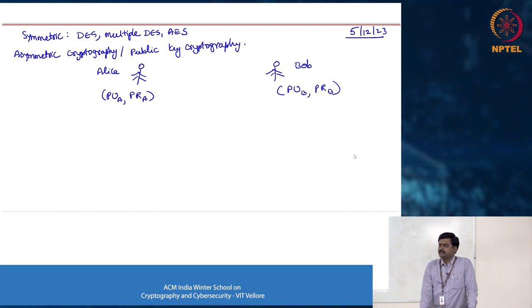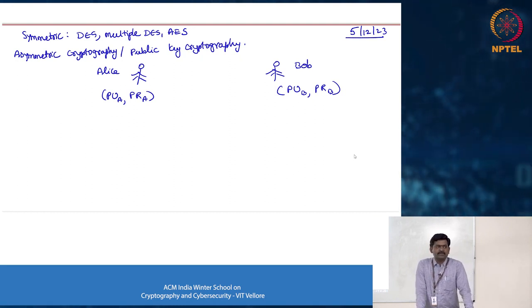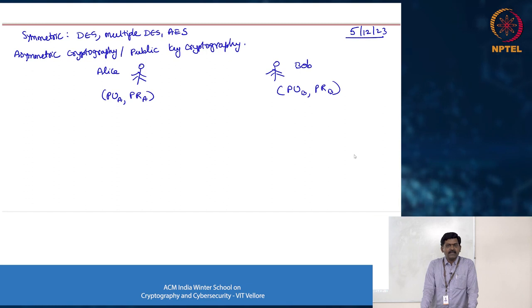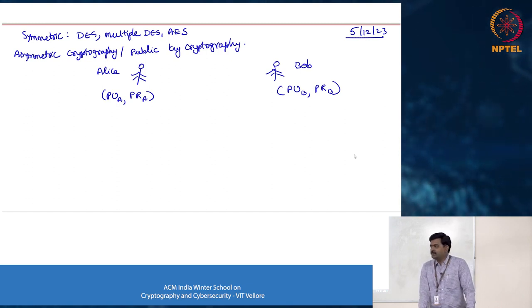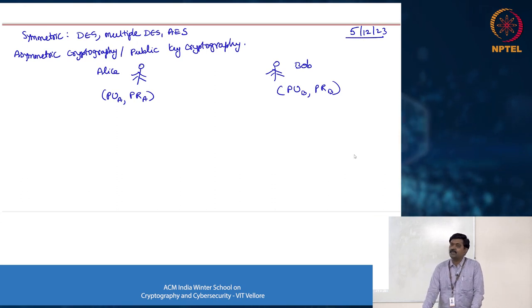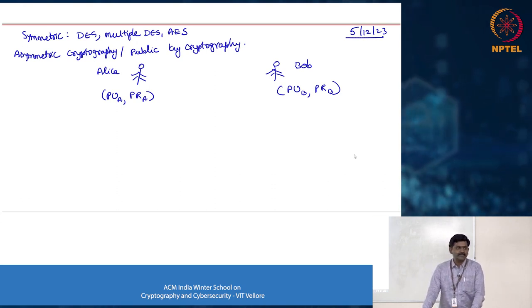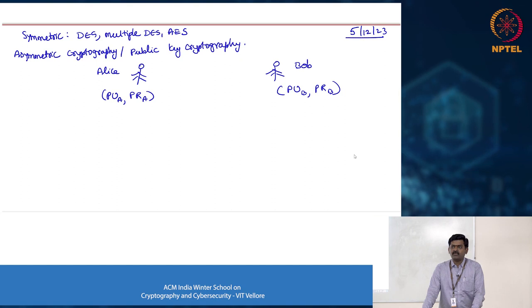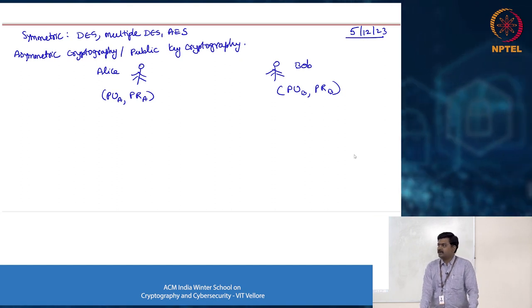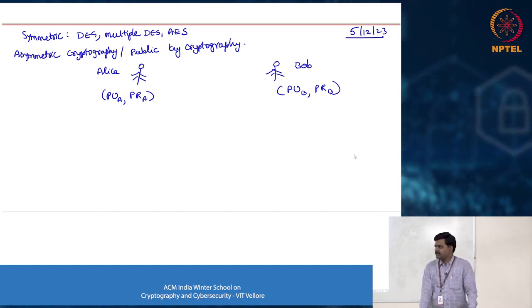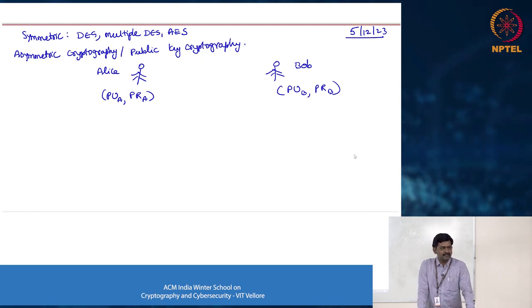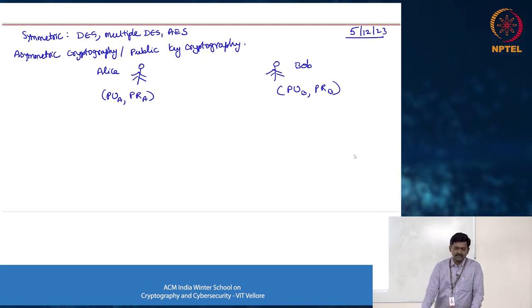Right? In asymmetric cryptography, every communicating node, every communicating user will have a key pair. Okay. So once they have the key pair, one of the keys is public and one of the keys is kept private. Now, how do they communicate?